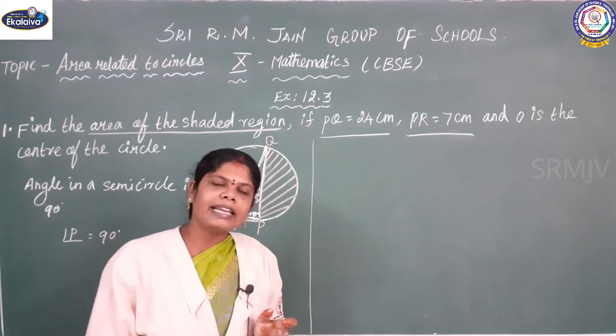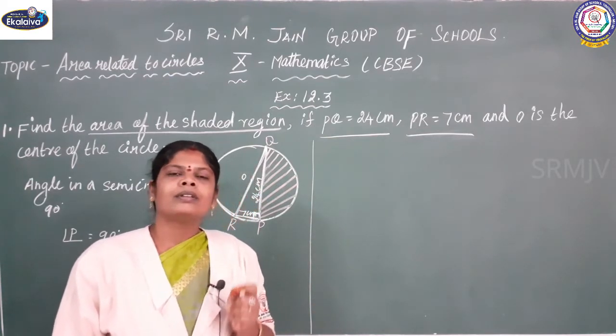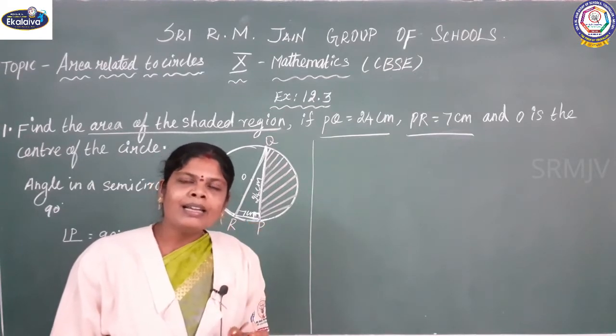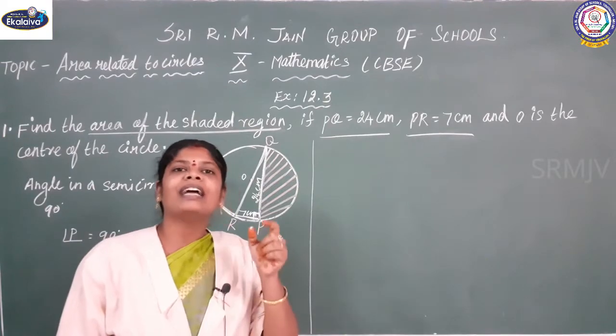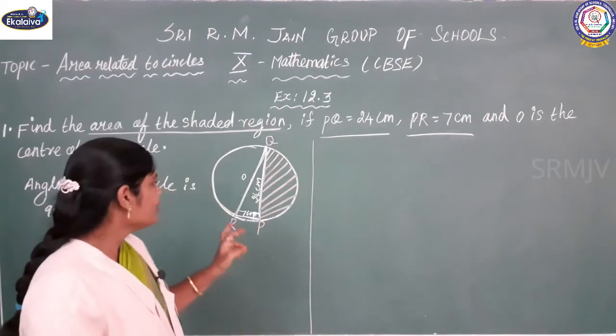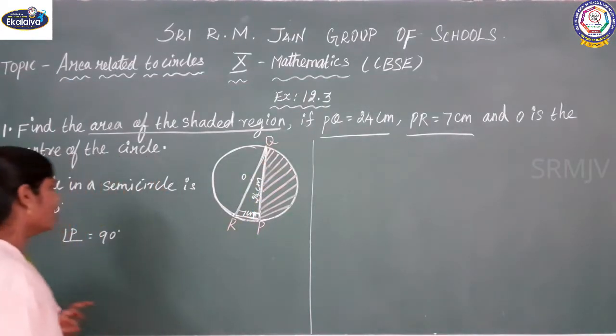What is the Pythagoras theorem, children? Can anyone say? Yes. The square of the hypotenuse is equal to the sum of the squares of the other two sides. Okay, so the name of the hypotenuse is QR.